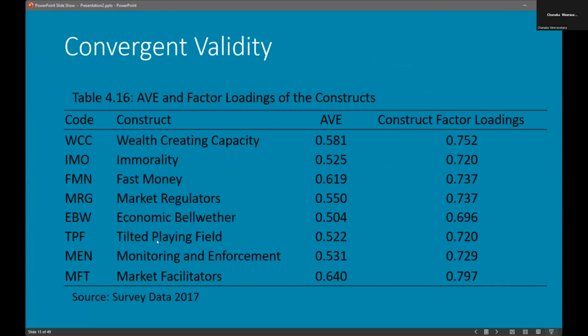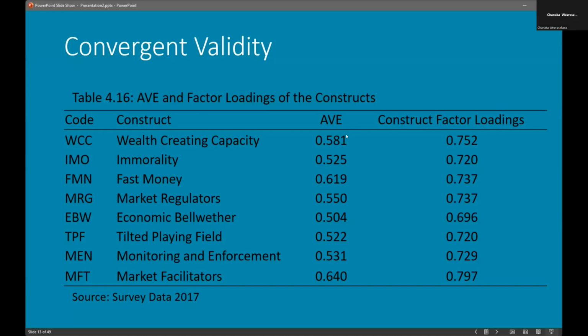So for the convergent validity, here you can see Table 4.16, where the AVE and the factor loadings of the constructs are presented. You can see we have several constructs like wealth creating capacity, immorality, fast money, market regulation, economic bellwether, tilt playing field, monitoring enforcement. There are several constructs here.